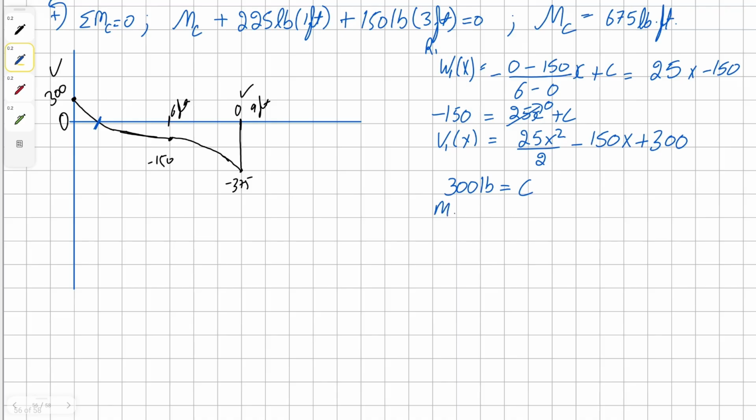And now our moment, same idea, another integral. So we're going to have 25x cubed divided by 6, take away 150x squared divided by 2 plus 300x, and then a constant. This will become 75x squared.